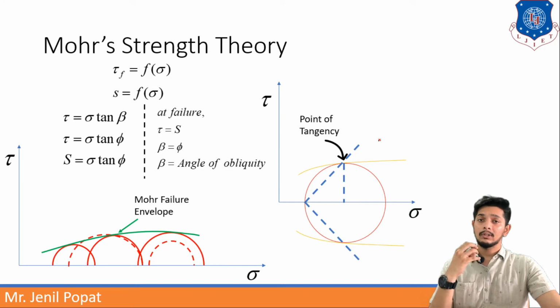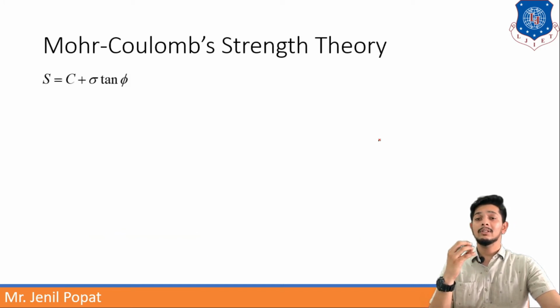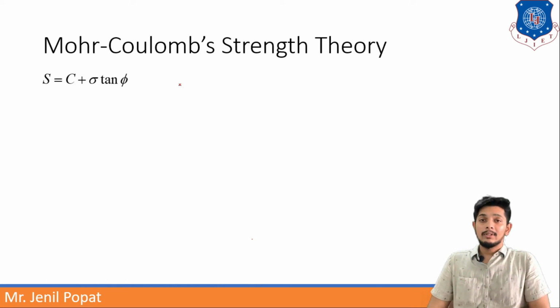Let us move further to another theory, which is Mohr-Coulomb strength theory. In his investigations, Coulomb found that at the time of failure, the shearing strength of soil is divided into two components.